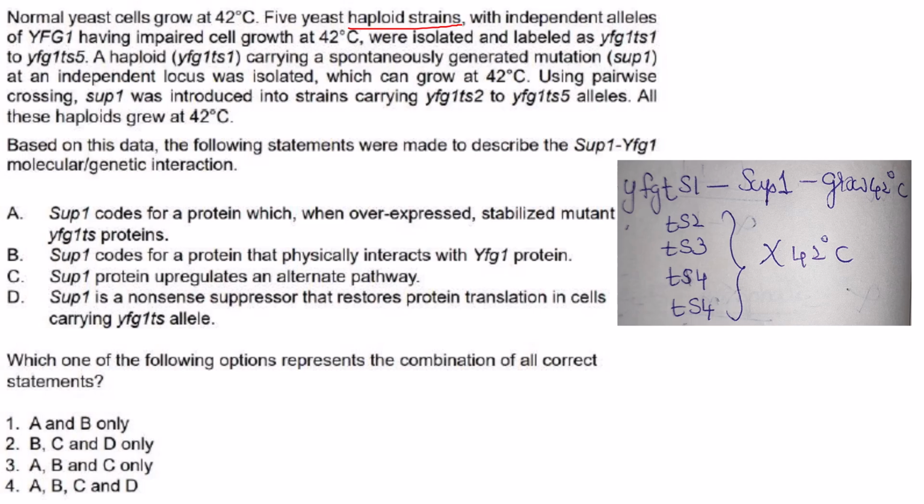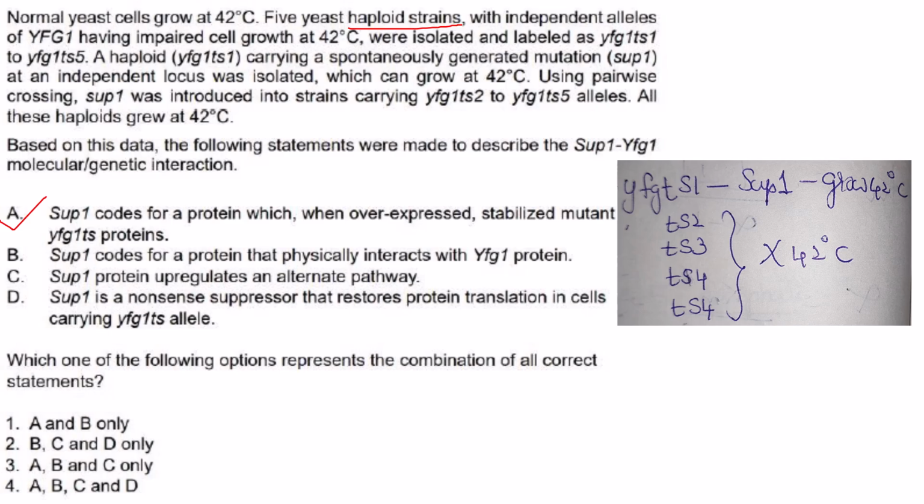Now SUP1 is a spontaneously generated mutation and it codes for a protein that will be overexpressed, and because of the overexpression, the effect of the mutation will be reduced and the cell will be able to grow at 42 degrees Celsius. Could be, we cannot say no. Yes, that could be one reason.